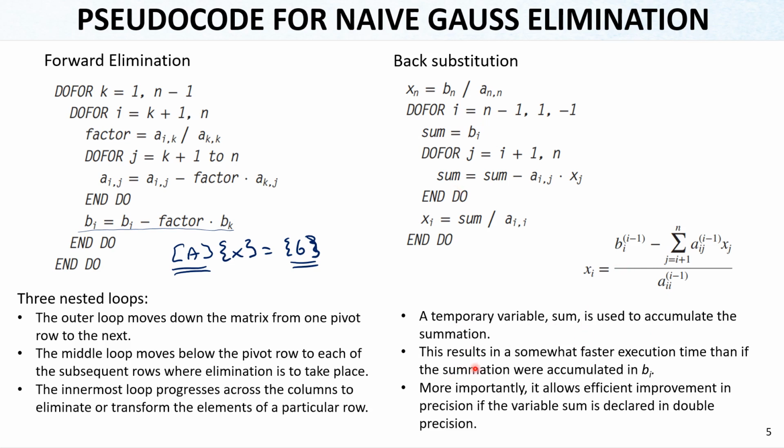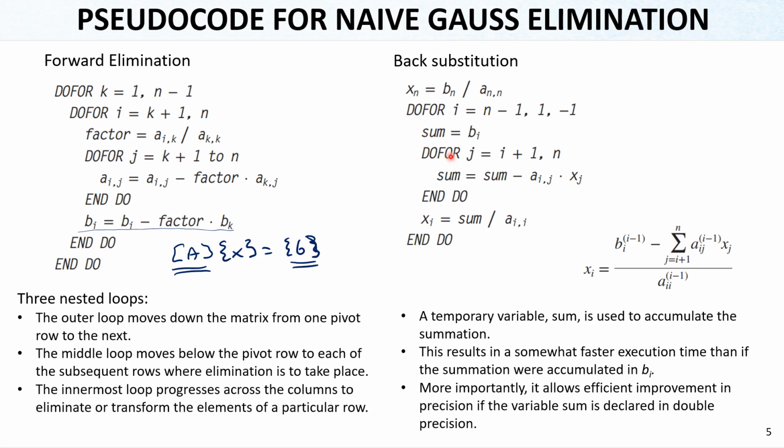We will have a for loop here to have this summation by calculating sum minus aij xj. And also we have a division here. This results in somewhat faster execution time than if the summation were accumulated in bi.